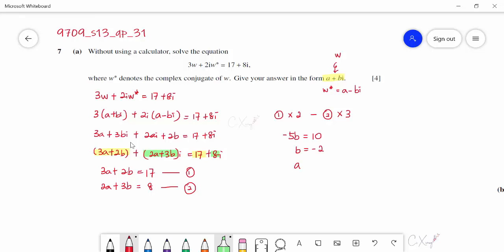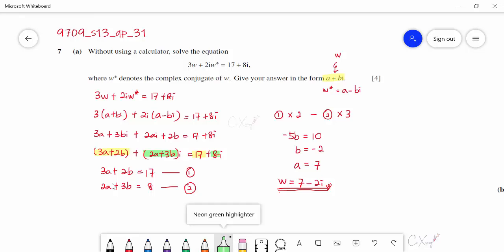After that, to find a, I substitute b equals negative 2 into either the first or second equation, and I get a equals 7. So very easily, I get the complex number w, which is w equals 7 minus 2i. This is the answer for part A.